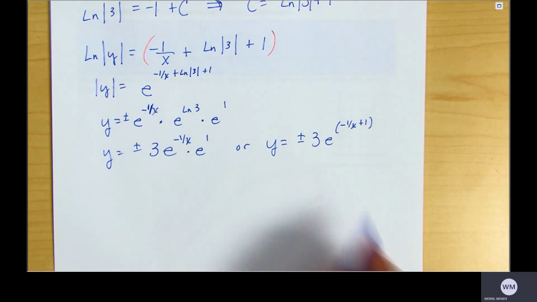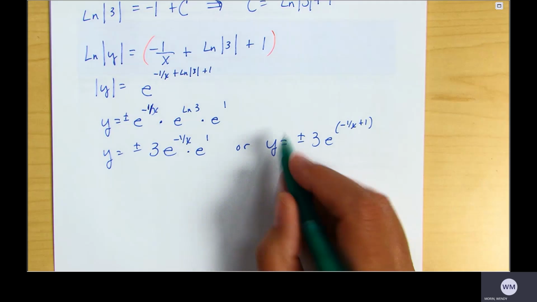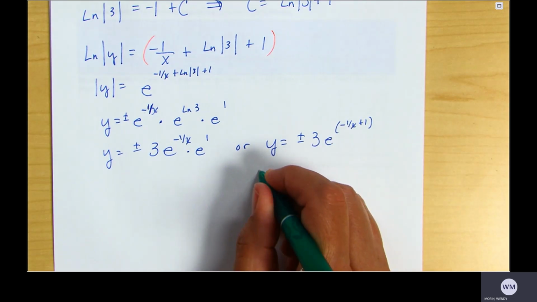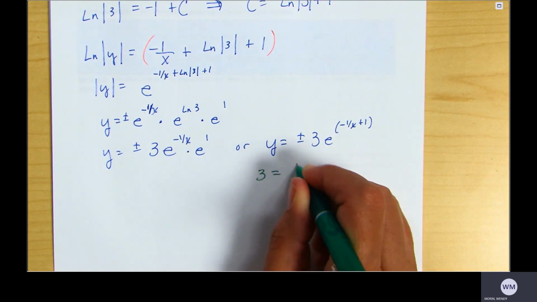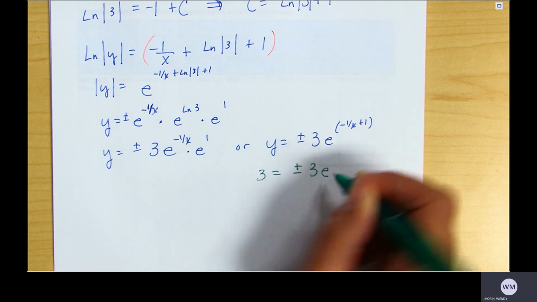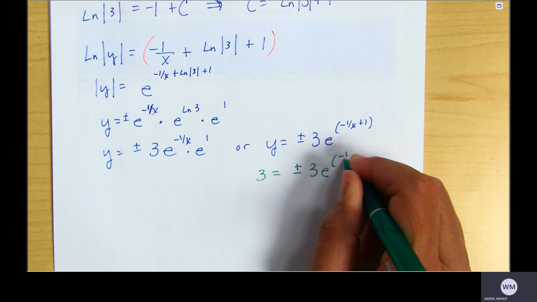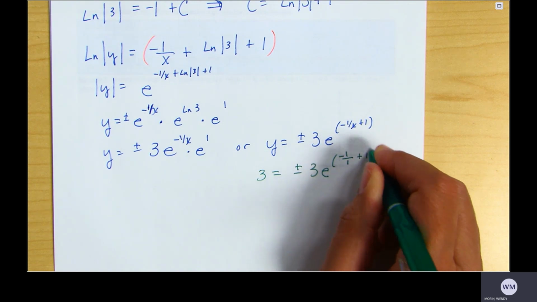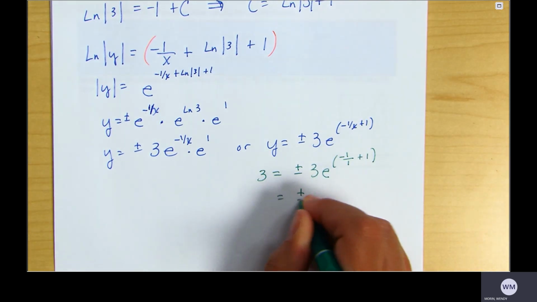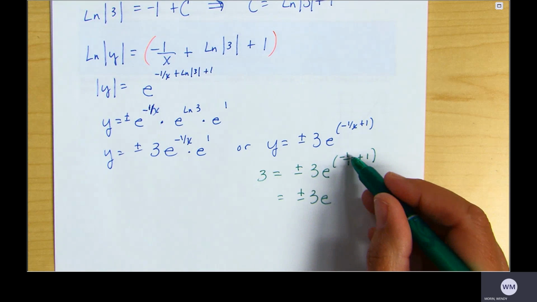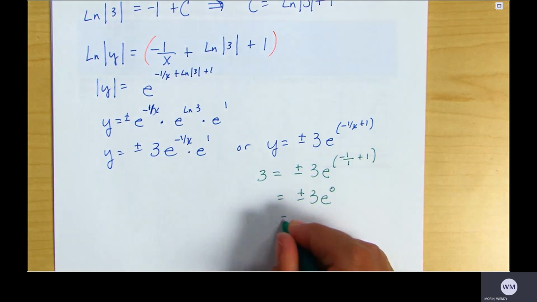So if we plug that in here, we want to get 3 when we plug in a positive 1. So this is e to the 0.